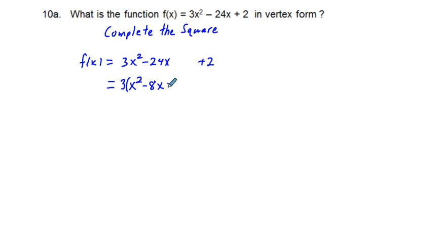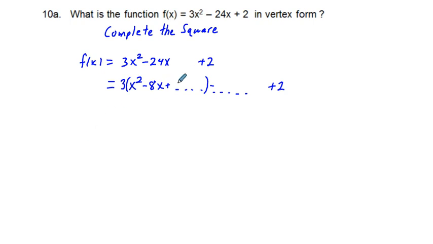And then we're going to go ahead and add something in here to complete the square. And then we're going to have to subtract outside to make up for what we added inside here. I'm going to put the plus 2 at the far right.